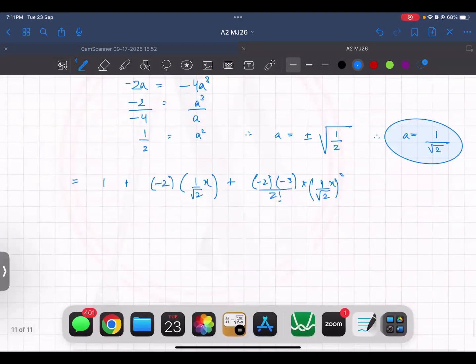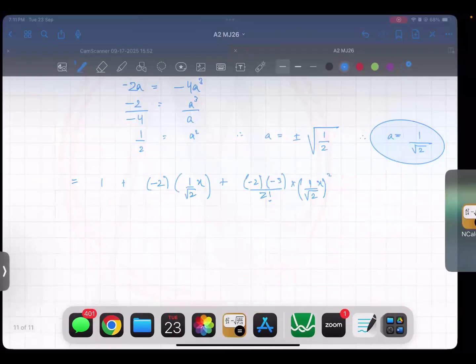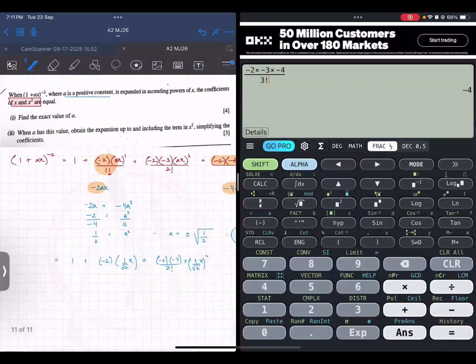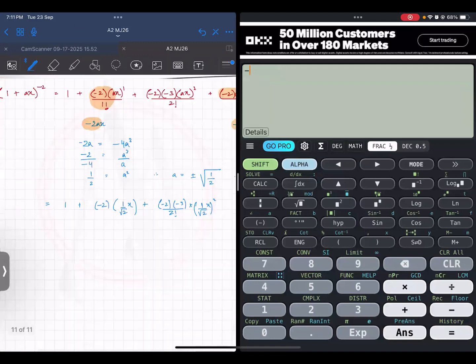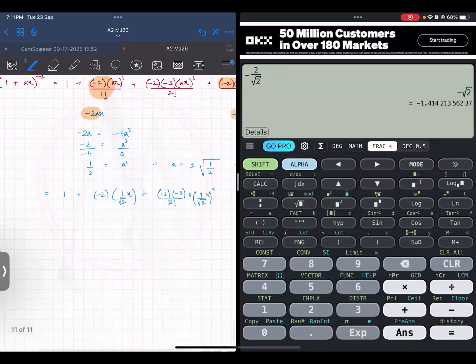And then you simplify the coefficients. Minus 2 upon root 2 is minus root 2, so 1 minus root 2 x.